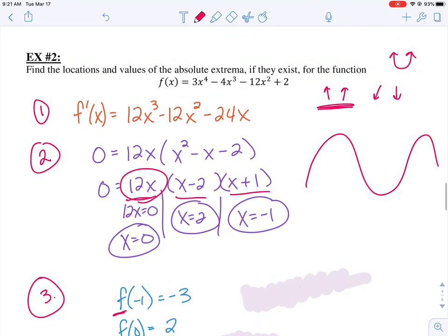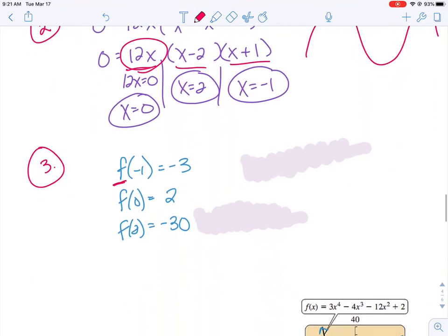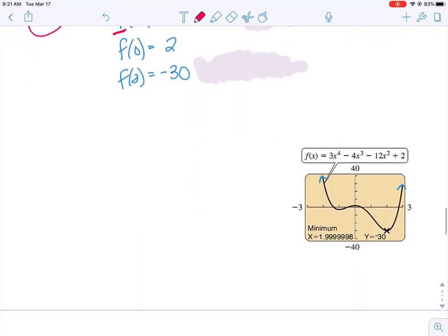Right? So think about a parabola. If I have an x squared graph, it looks like this, where both the endpoints start by going up and end by going up if the front number, the coefficient, is positive. If the coefficient is negative, my parabola goes upside down, right? Down, down. Again, if the highest degree is even, then they're either going to both go up or both go down. If the leading coefficient is positive, they're going to go up. If the leading coefficient is negative, they're going to go down.